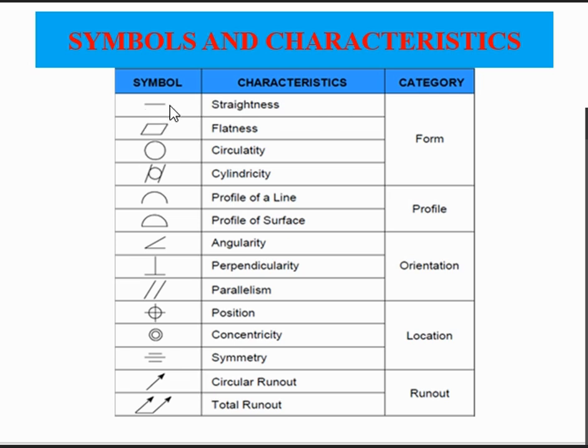In a drawing, straightness will be represented by a straight line, flatness of the object will be represented by this particular parallelogram, and circularity or cylindricity of the shaft will be represented by this particular symbol.